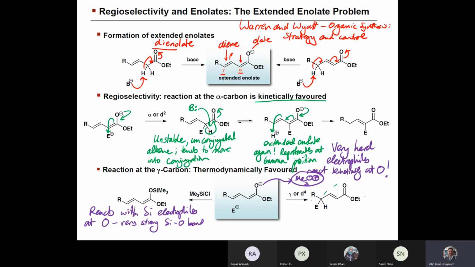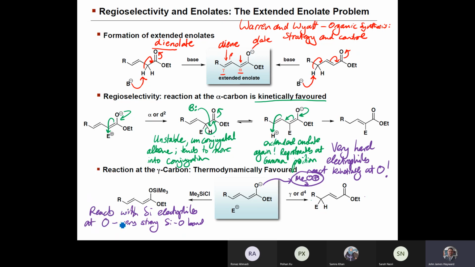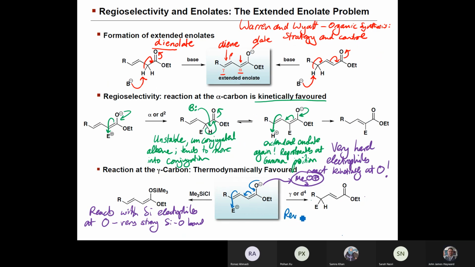But reversible electrophiles usually react at the gamma position.